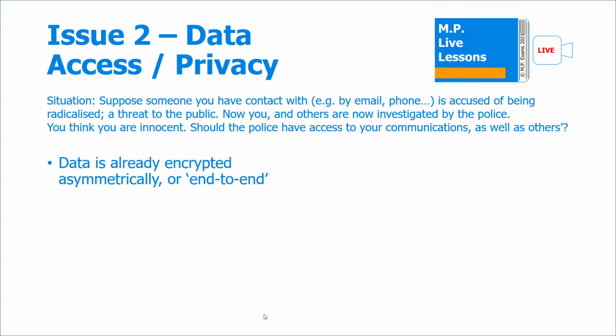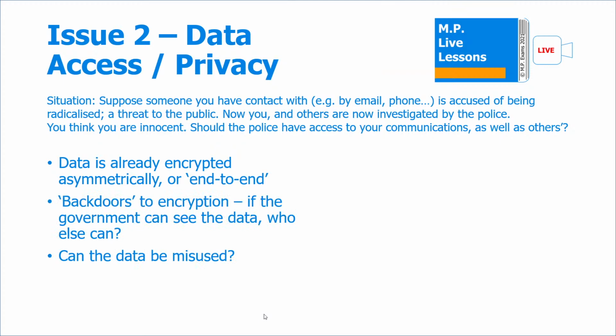Now, firstly, here are some points against this. For example, data is already encrypted asymmetrically or end to end, so how could they access this? Well, obviously they could via your phone itself. Could the police access data without you knowing? These are what is meant by backdoors to encryption.